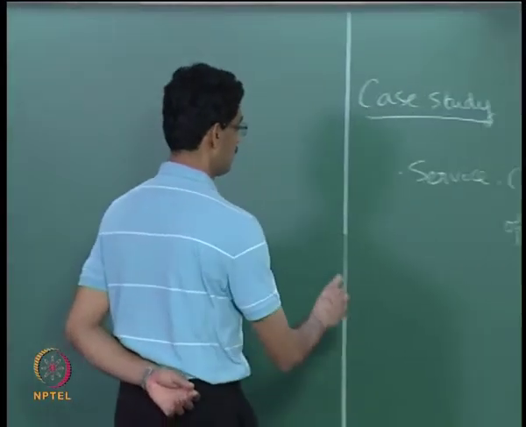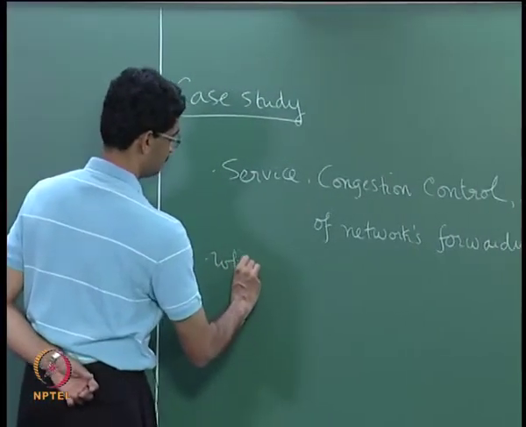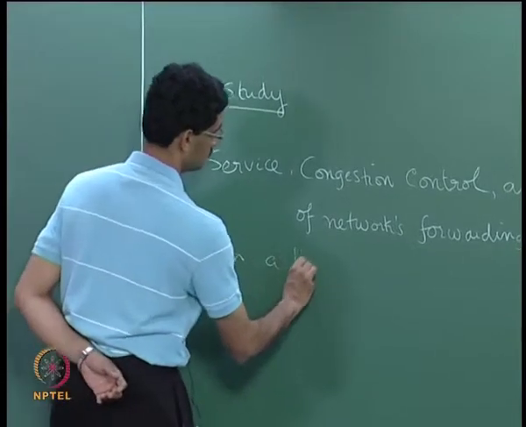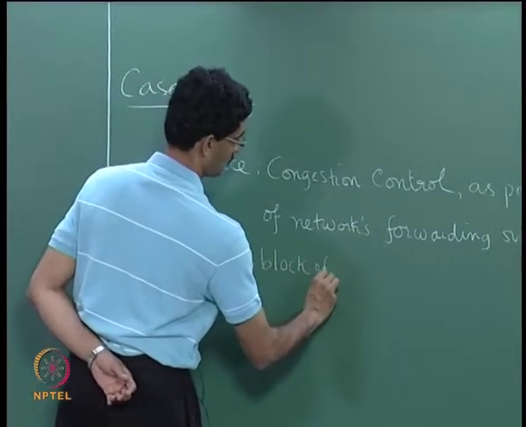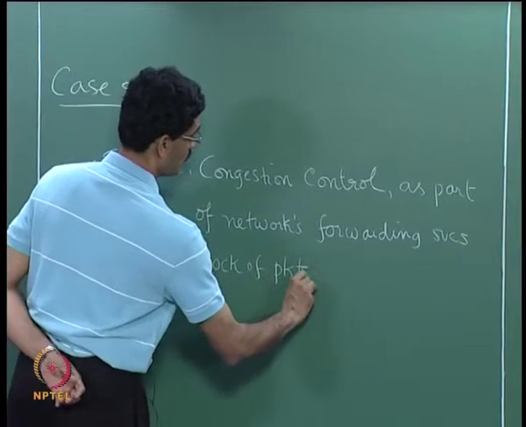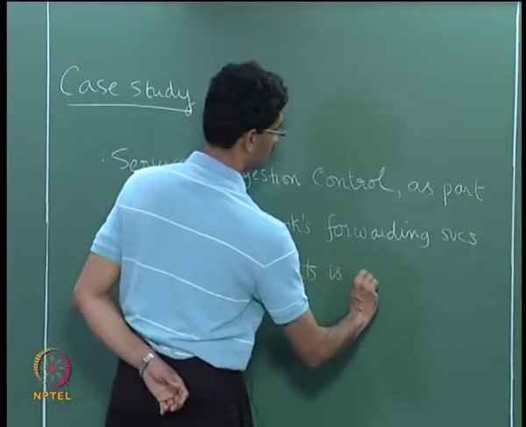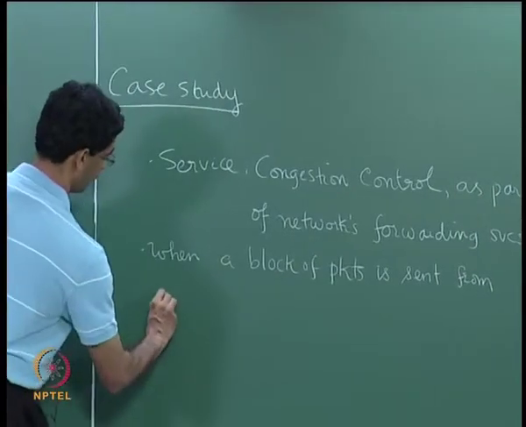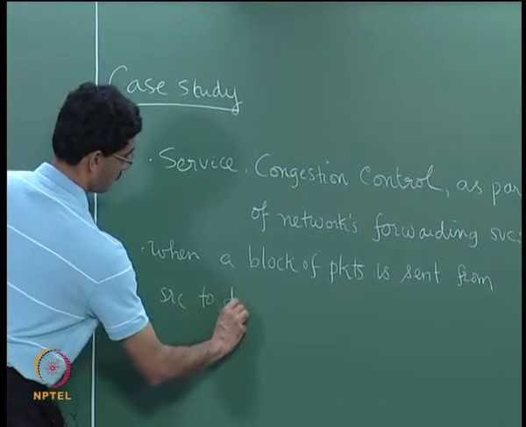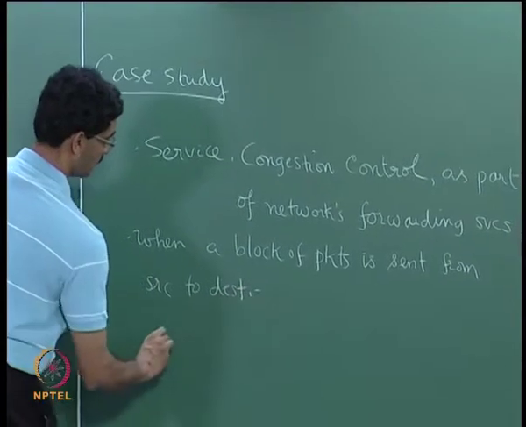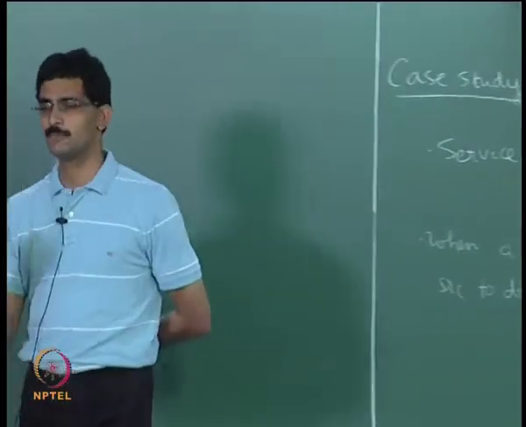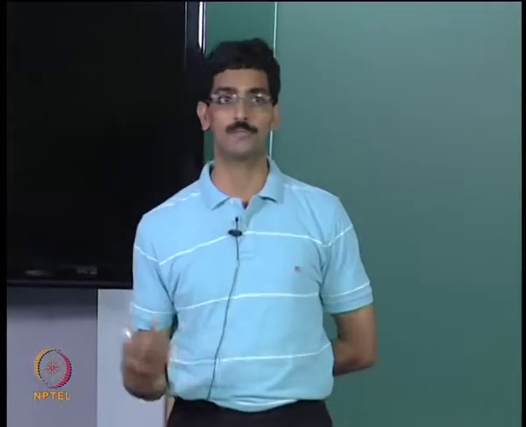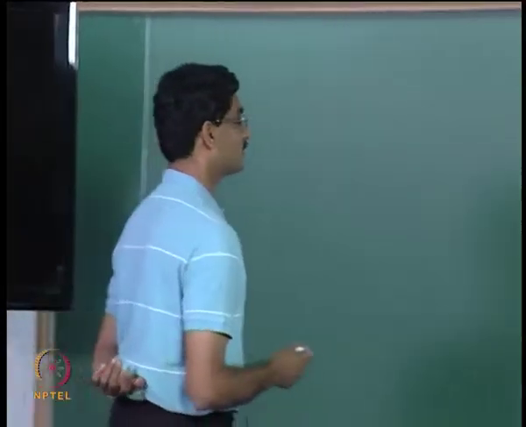And when you transmit a block of packets, when a block of packets is sent from the source to destination, a few things can happen in terms of the outcomes. There are some possible outcomes in such a system.